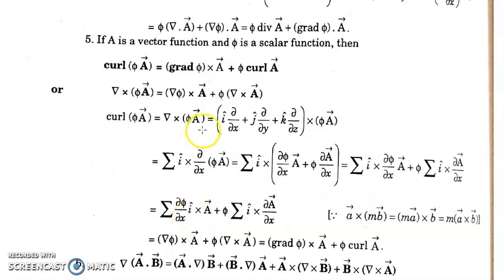We do this because I need to bring del phi, and that is why we shift dou phi by dou x here. So that gives del phi cross A plus phi into summation I cross dou A by dou x, which is del cross A. So that is the value of curl A. So here you will get gradient of phi cross A plus phi times curl A.